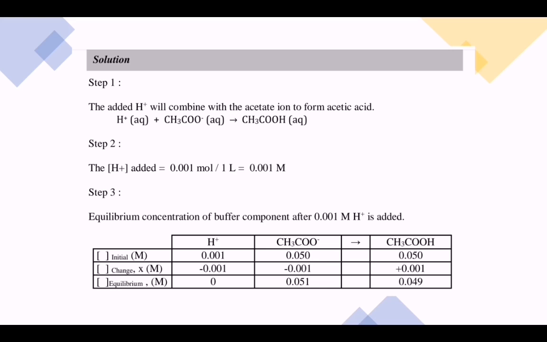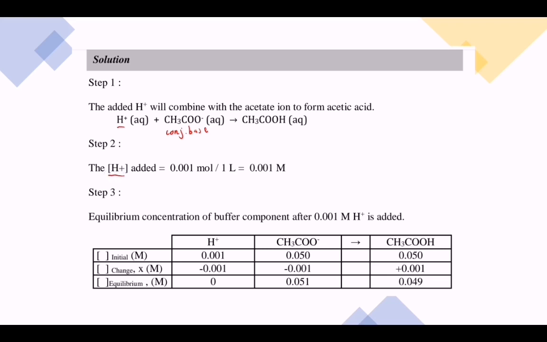Now you have to write the equation involved. So H plus will react with the conjugate base and it will produce CH3COOH. Next, you have to calculate the concentration of the H plus added.